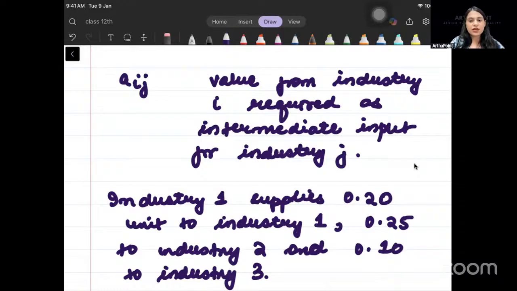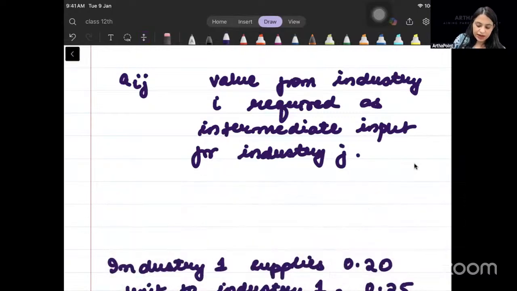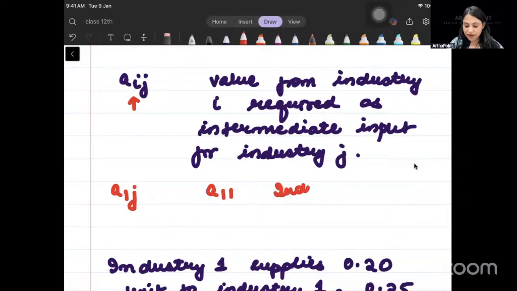ठीक है, तो बेसिकली हम ये बोल रहे हैं कि अगर मैं i को 1 रखूं और यहाँ पे j लिख रही हूँ, so A11 means industry 1 का input in industry 1.